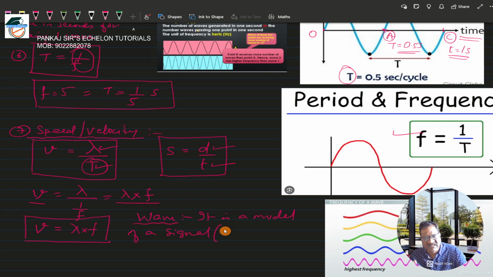Now this signal can be a sound signal, a light signal, anything. So it is a model of a sound or a light signal or any other electromagnetic signal. And this wave is created, or obtained, by a vibrating particle.